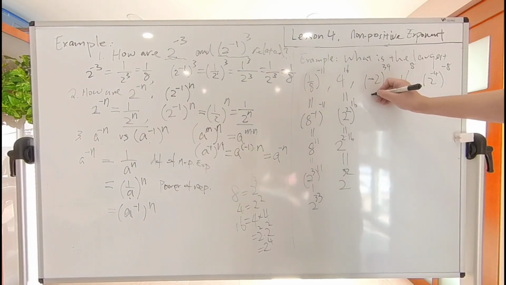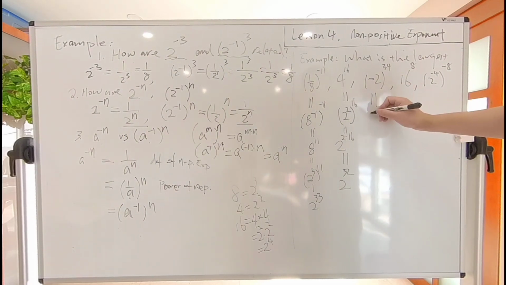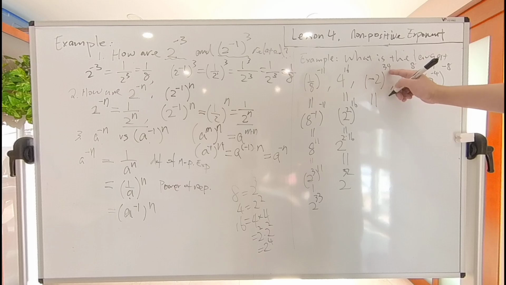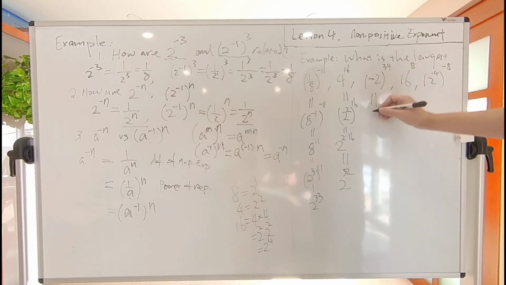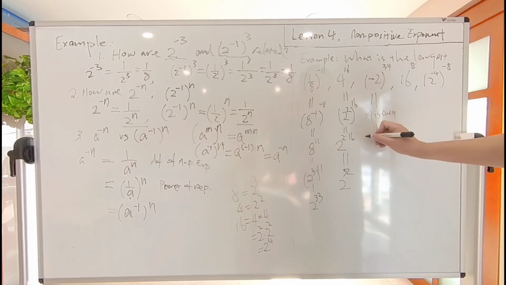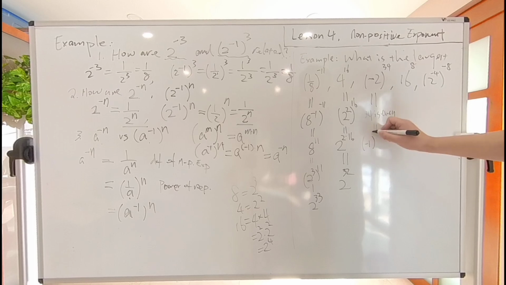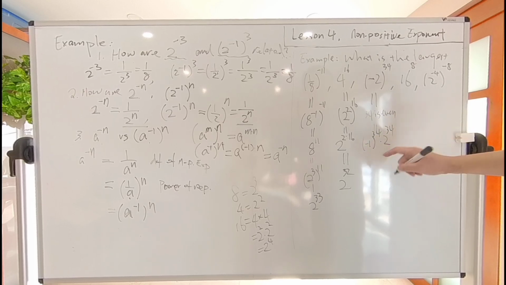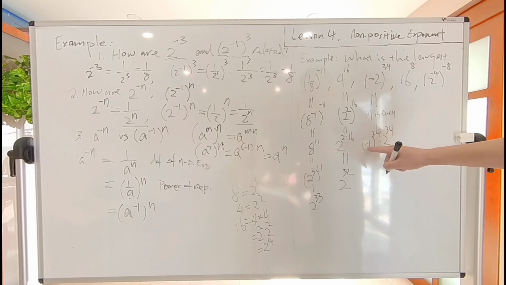Okay, this one, minus 2 to the power of 34. Now, 34 is an even number. So this is minus 1 to the 34th, times 2 to the 34th. Because 34 is even, the negative sign becomes positive.